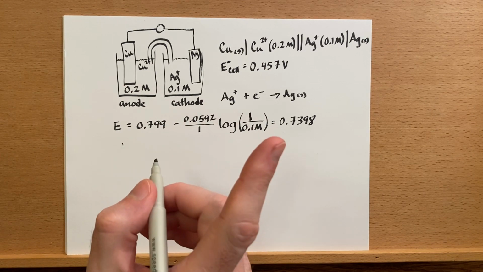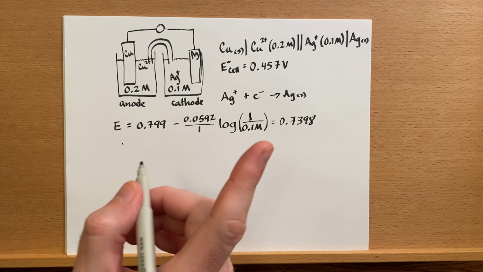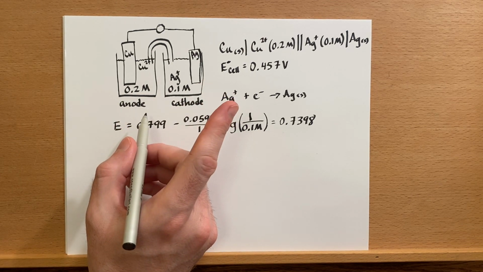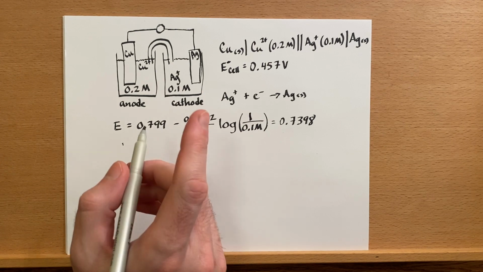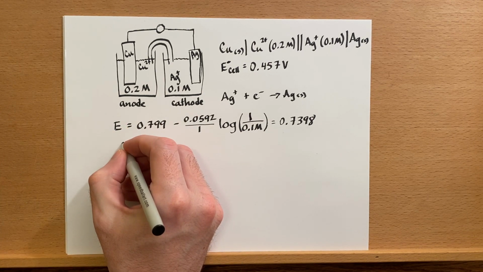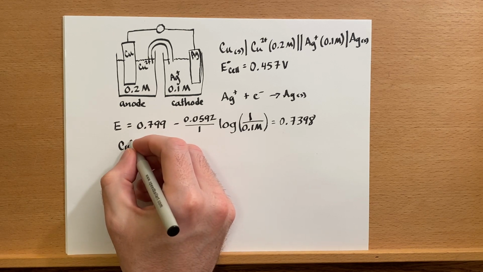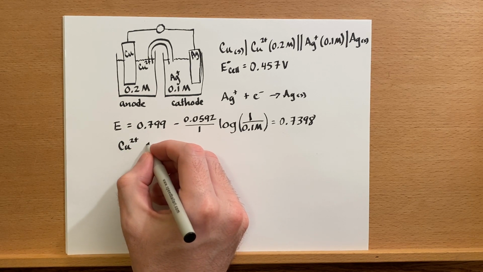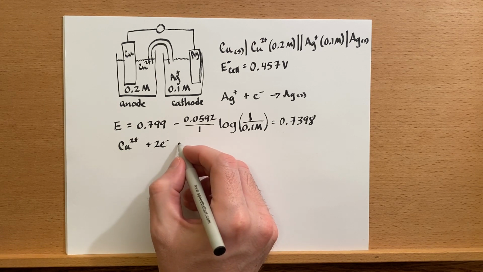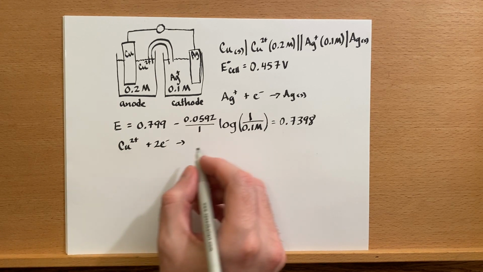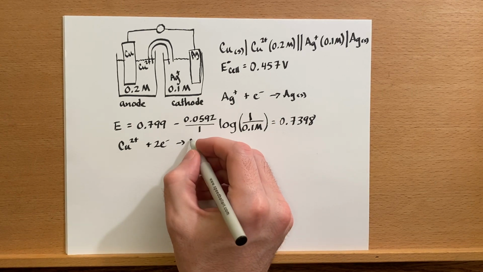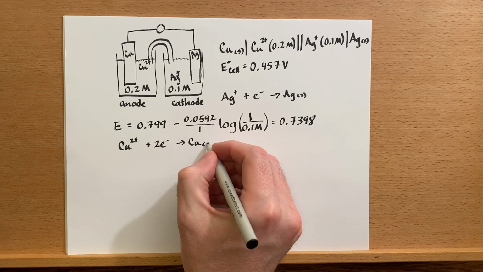Now, we use the reduction reaction here, even though at the anode we have oxidation. We just use reduction all the time. And it is helpful that when we look these up in a table, they'll generally have the reaction written out in the reduction form, just like we're going to need it to be used.